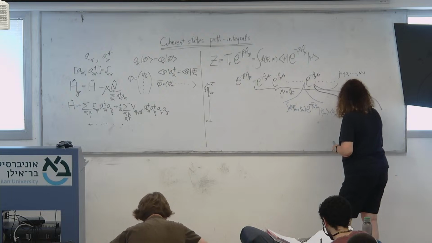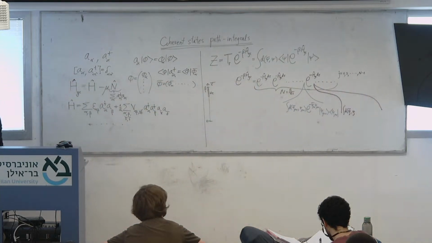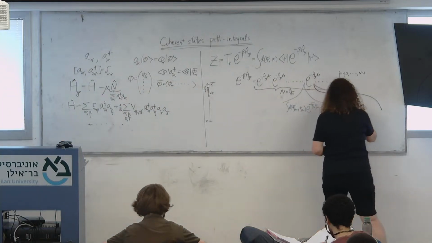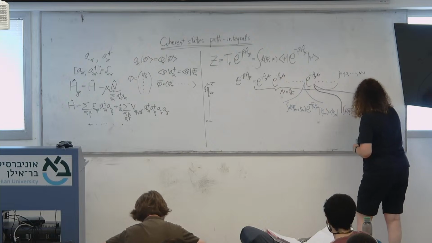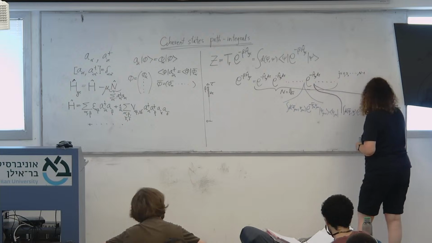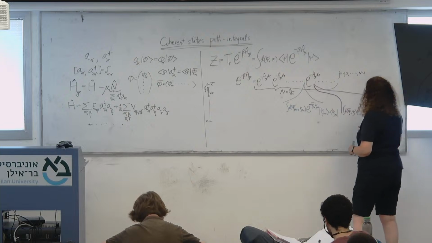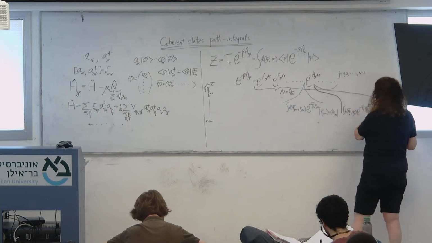So it's psi j. Change the e to the minus psi j, psi j.